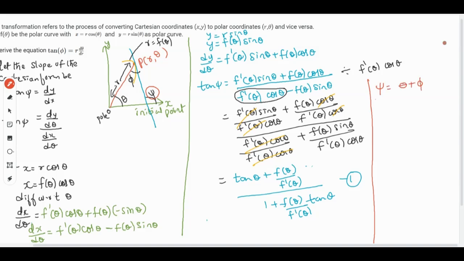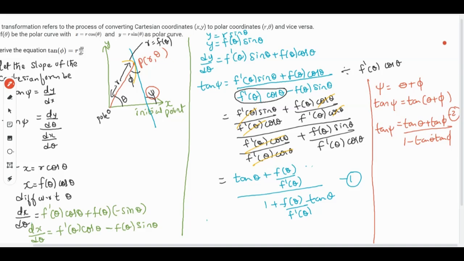Now taking tan on both sides, we get tan psi equals tan of theta plus phi. We have a formula where tan of theta plus phi is written as tan theta plus tan phi divided by 1 minus tan theta tan phi. So here it is tan psi. We will call this equation 2.